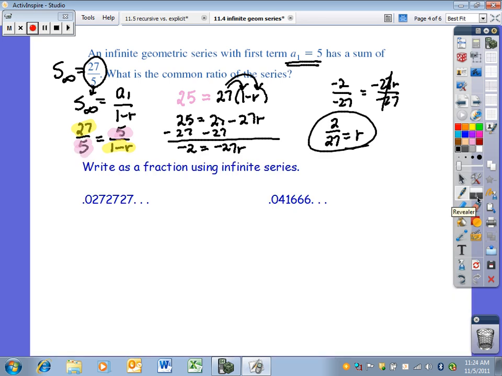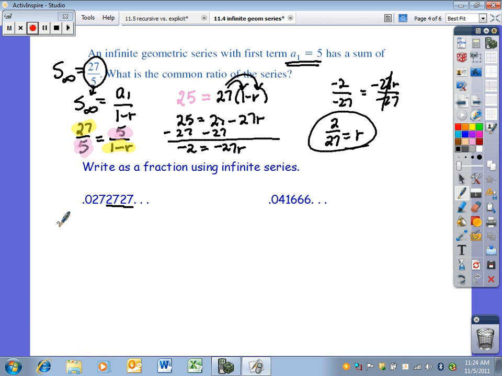Let's see how we can use an infinite series to write a fraction from a repeating decimal. On this repeating decimal, if I rewrite it, it starts to repeat right here.